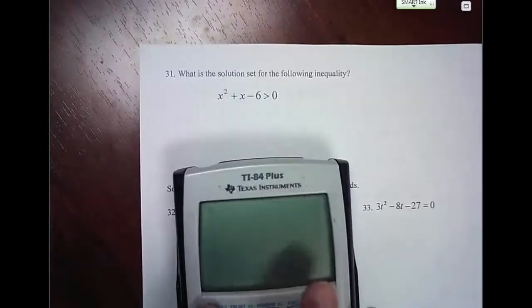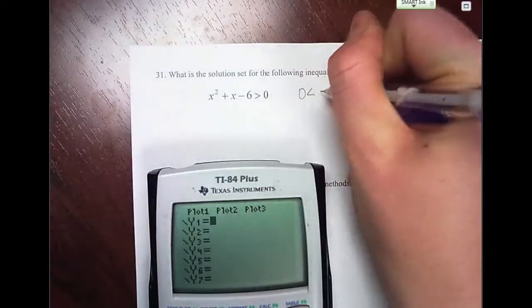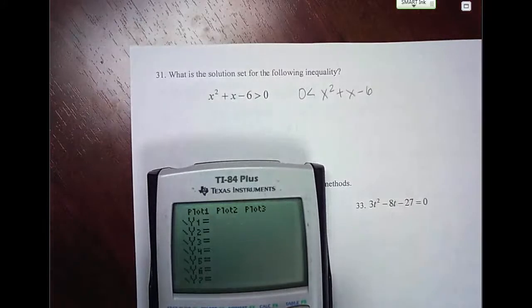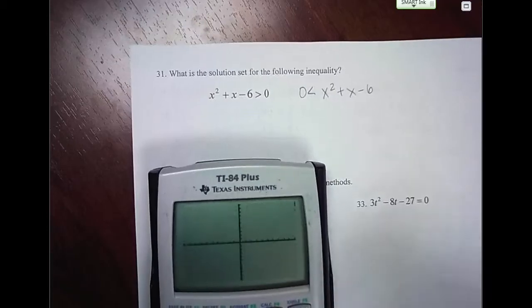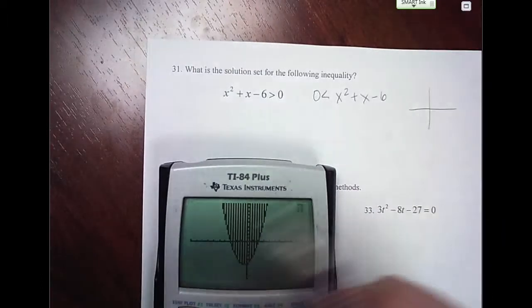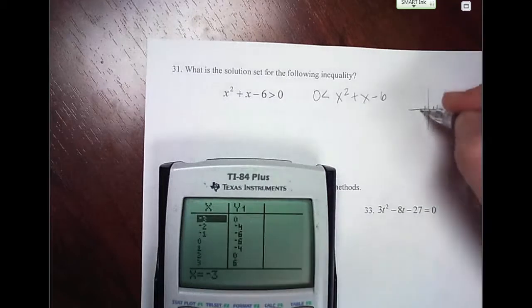All right, number 31, we want to graph it. I'm going to rewrite it. So the 0 is on the left, so I could put x squared plus x minus 6. And we're going to say that it is greater than. So graph that. So it looks like, let's see the table here. +2 and -3.